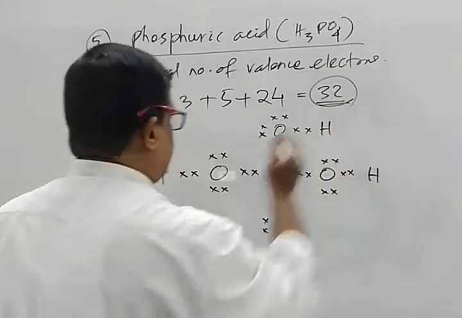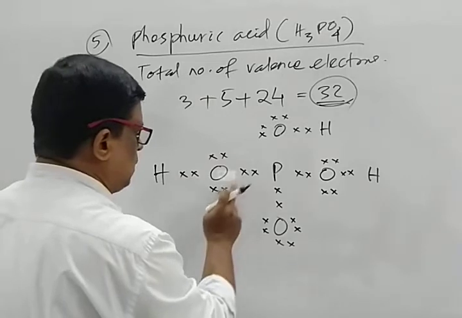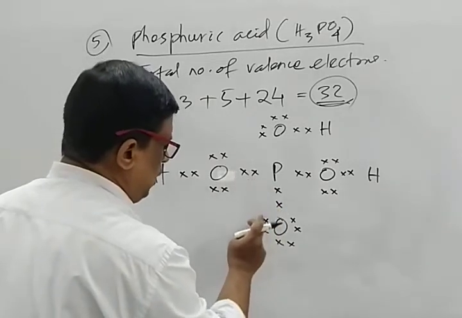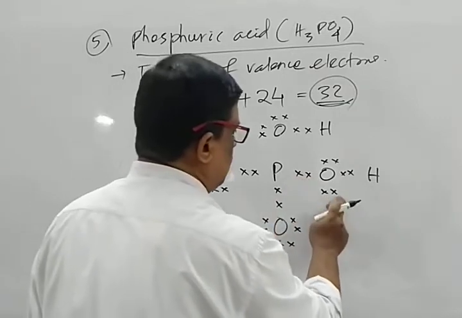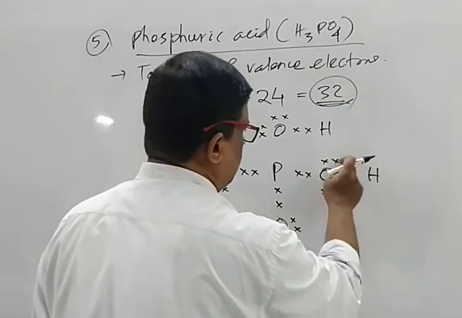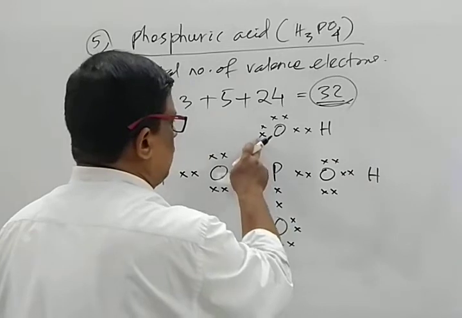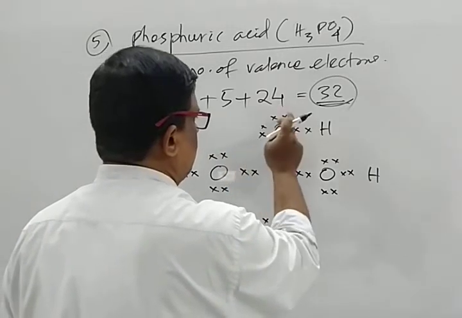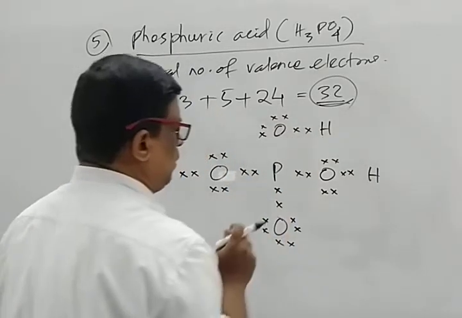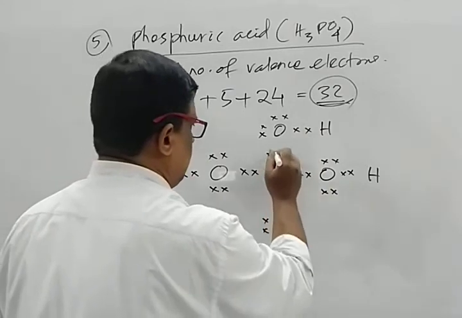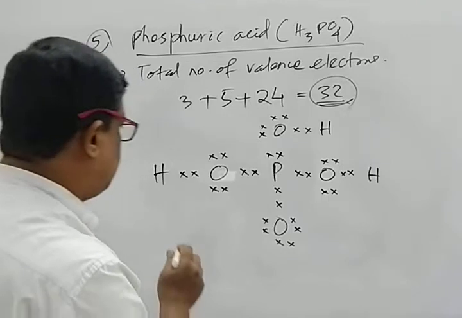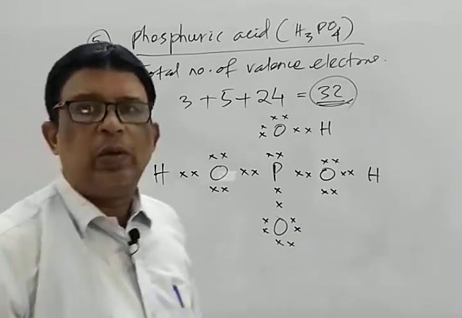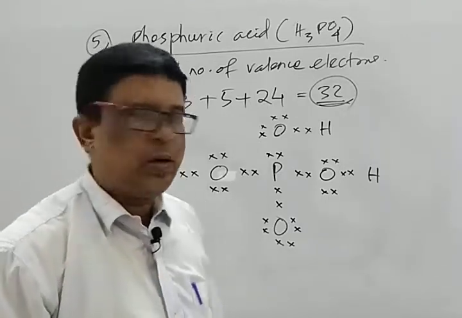We have to count 32. 1, 2, 3, up to 30, then 31, 32. Okay, mark that. Next, we check whether the duplet and octet are satisfied or not.